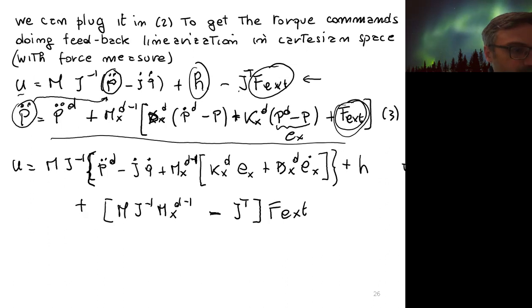So we have effects appearing both in the feedback linearization and in the choice we made for the acceleration to map the impedance, which is the equation 3.